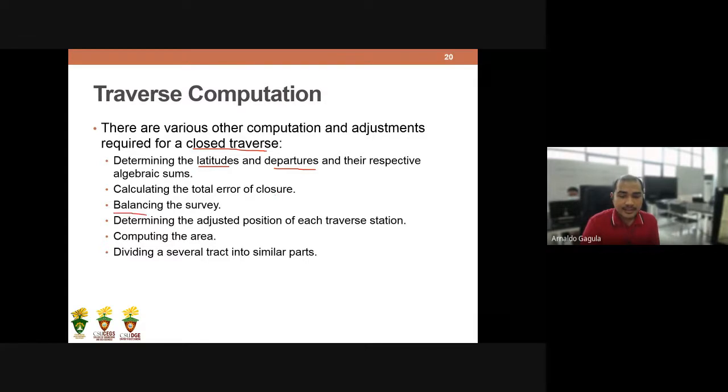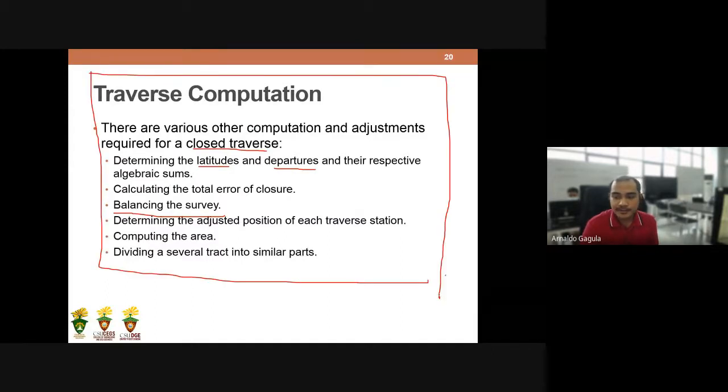Then, we need to balance the survey and determine the adjusted position of each traverse station. And then, you can compute now the area. And afterwards, if you compute the area, you can divide kung pilay gusto ninyo i-divide ang isa ka tract of land. I believe na-discuss na ninyo sa inyong GE 101.